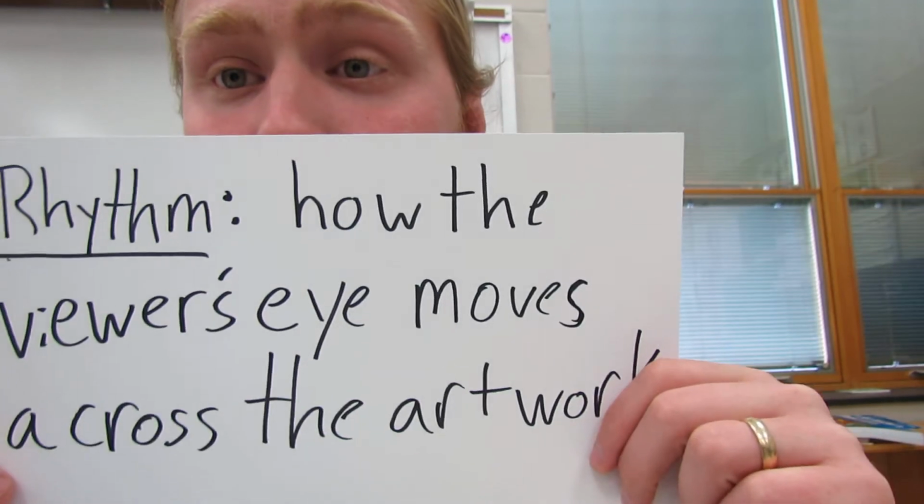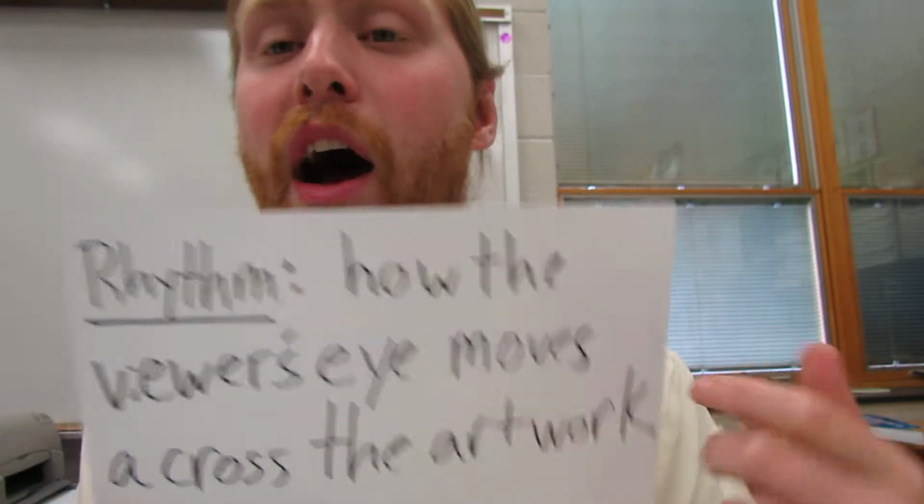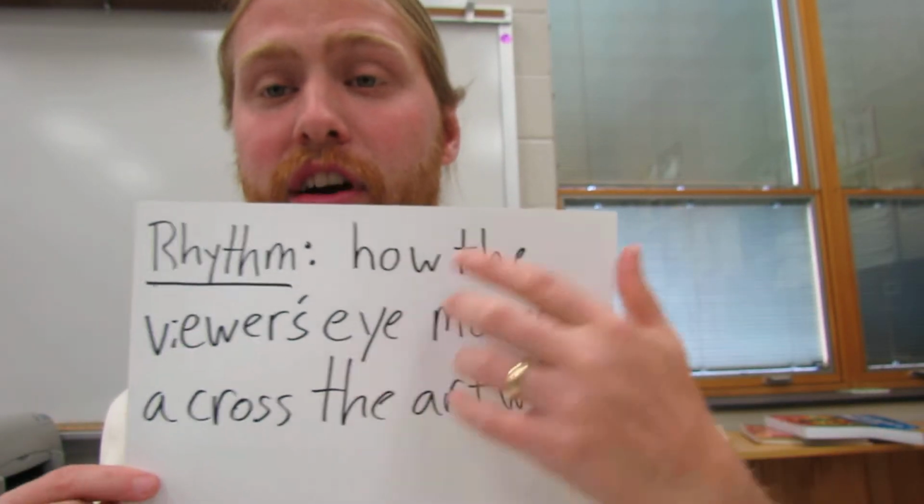Anytime you have rhythm in an artwork, there is a sense of action, but the rhythm definition we're going to use is similar to the idea of movement talked about on this page. Rhythm is how the viewer's eye moves across the artwork.